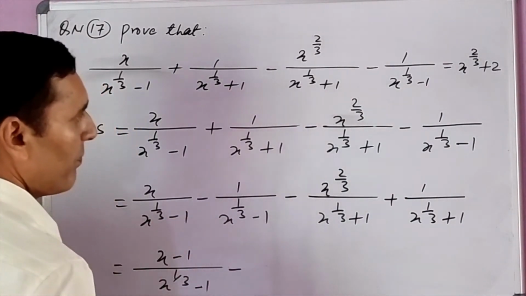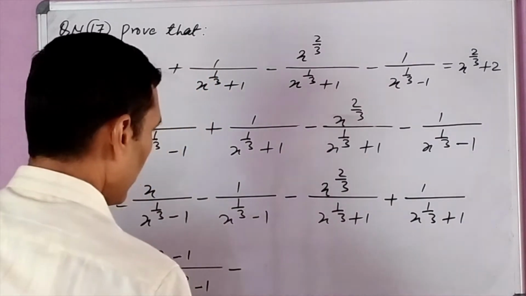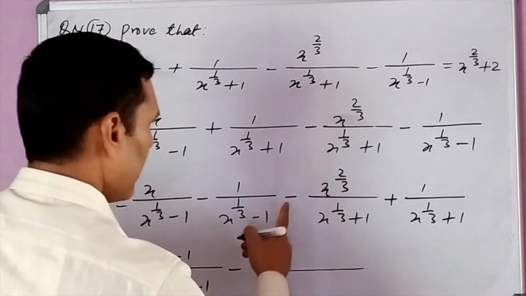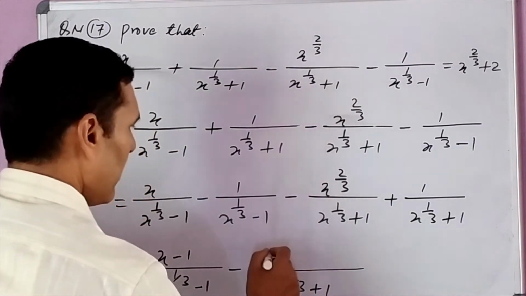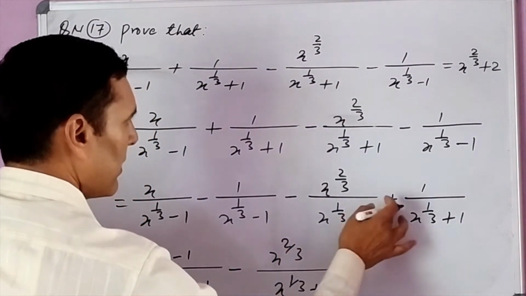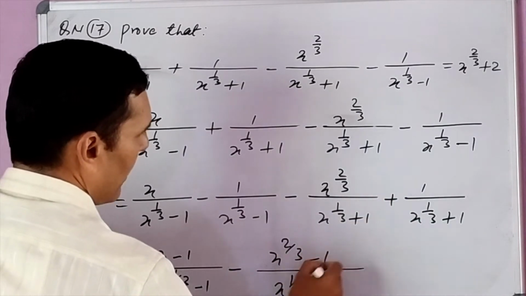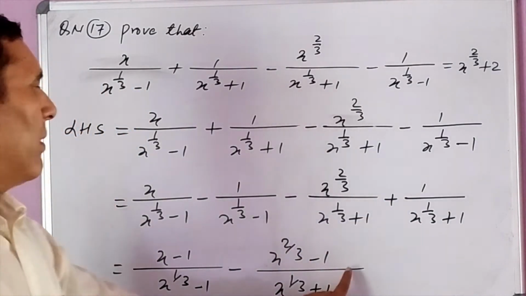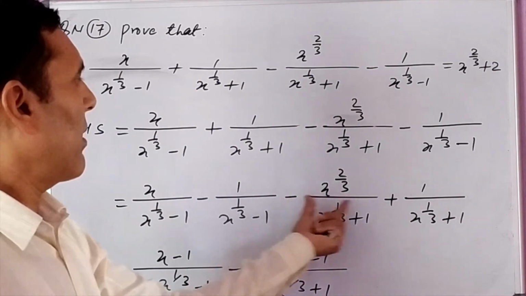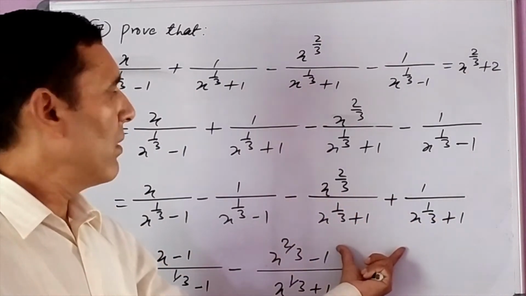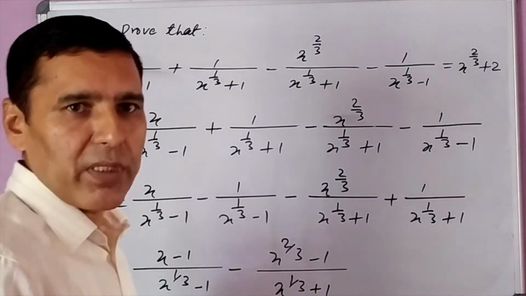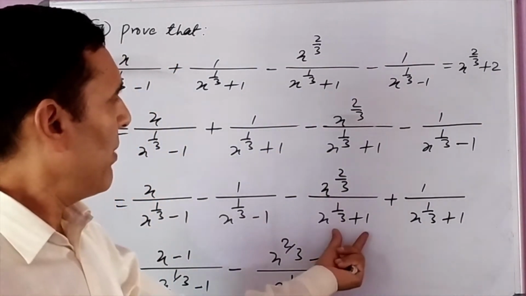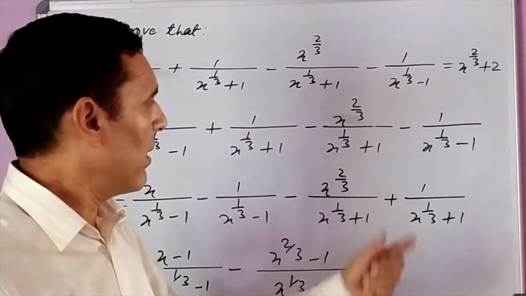And in the last two, we have to take this minus sign common. x to the power 1 by 3 plus 1, x to the power 2 by 3. This plus 1 becomes minus 1 here, because we are combining these two terms. We are taking the LCM in these two terms, meaning we are combining these two terms having the same denominator, x to the power 1 by 3 plus 1.